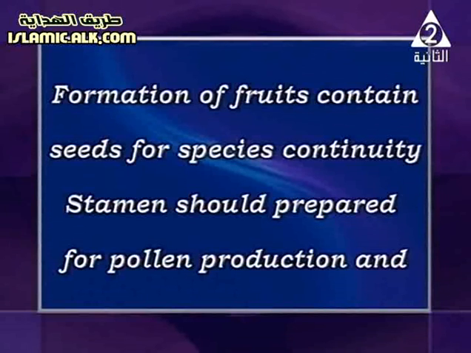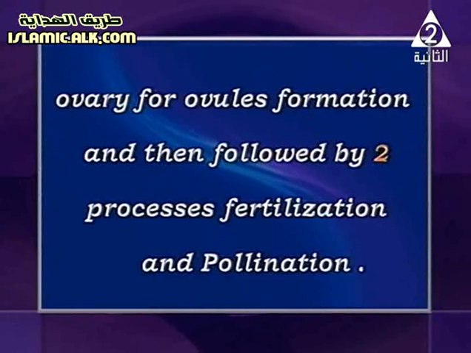I hope you got the difference between the main function of the flower, which is reproduction, and what happens after reproduction: the formation of fruits. Also the main function of the ovary is forming ovules, or the female reproductive gametes.